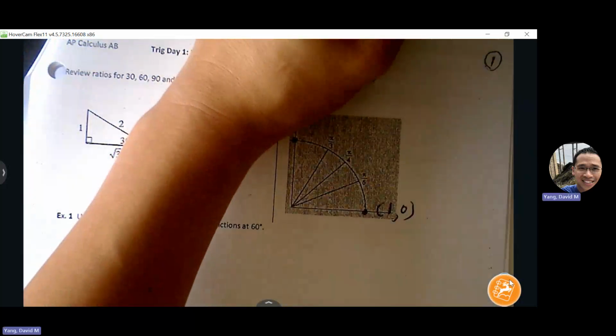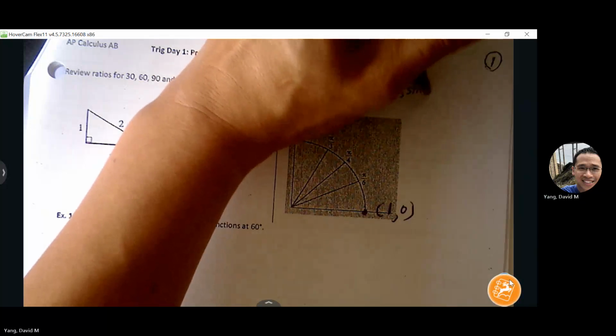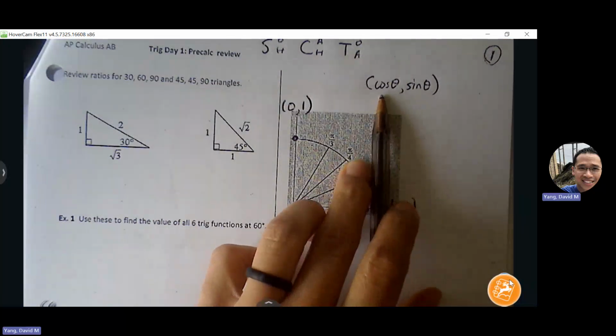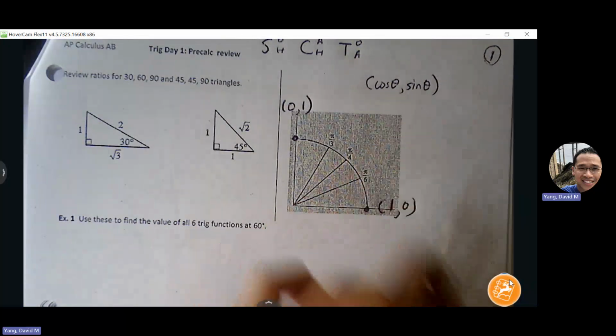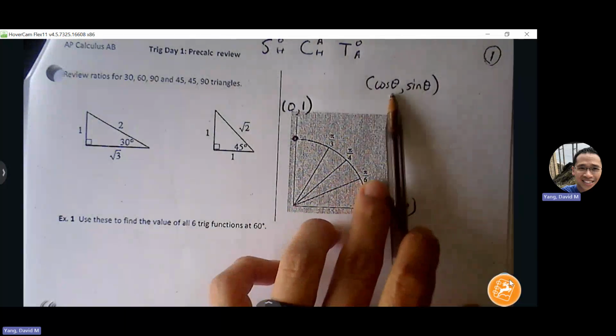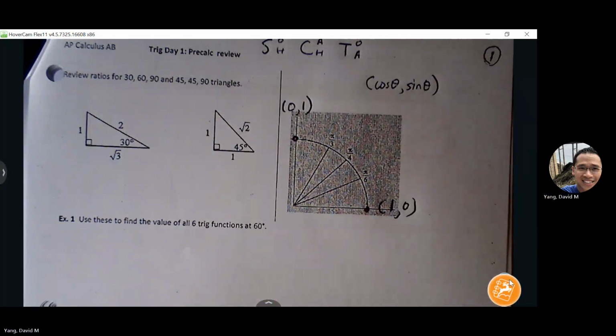All your ordered pairs will follow this pattern here. Basically, your x coordinate will be your cosine, and your y coordinate will be your sine. So just think alphabetical: C followed by S.